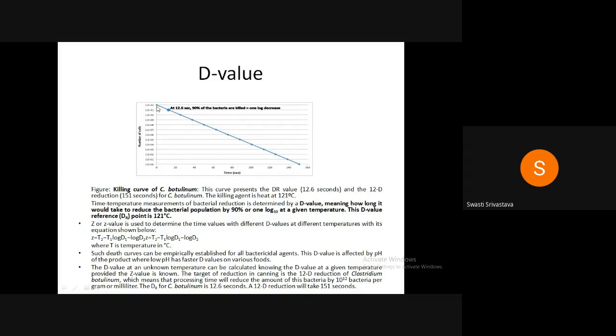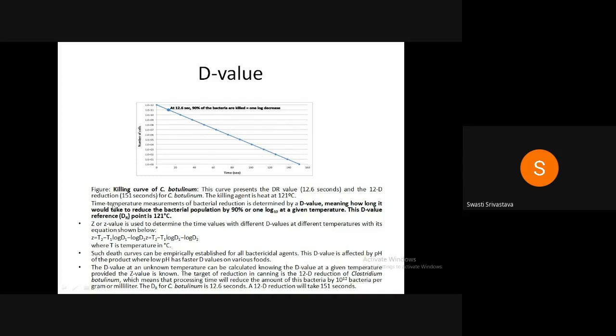As we go with time, the number of cells keeps on decreasing, and approximately 90% of the bacteria are killed at 12.6 seconds. Most of them are killed initially. So killing at 121 degrees centigrade for 12.6 seconds results in a reduction of the bacteria by 90%, or 1 log decrease, that is 1 log 10 at the given temperature.